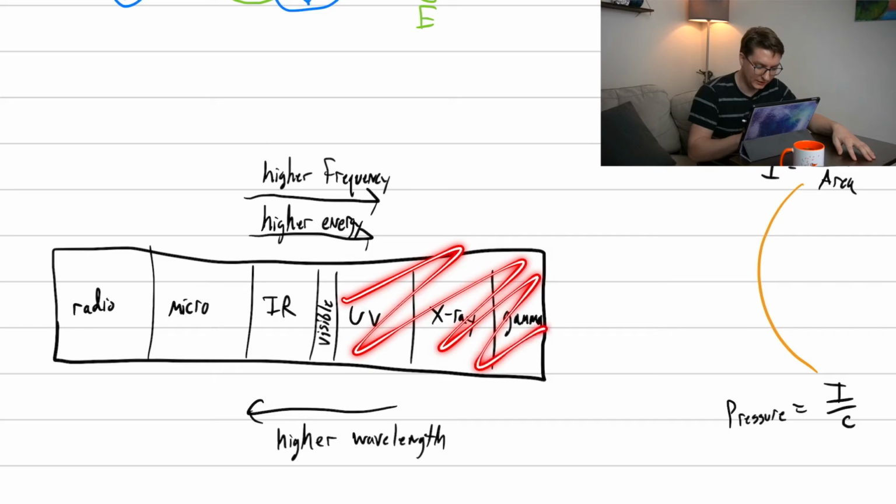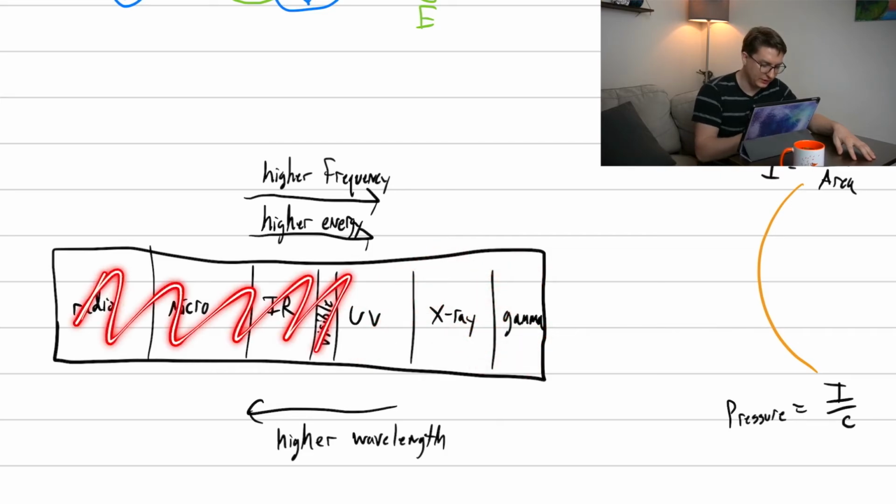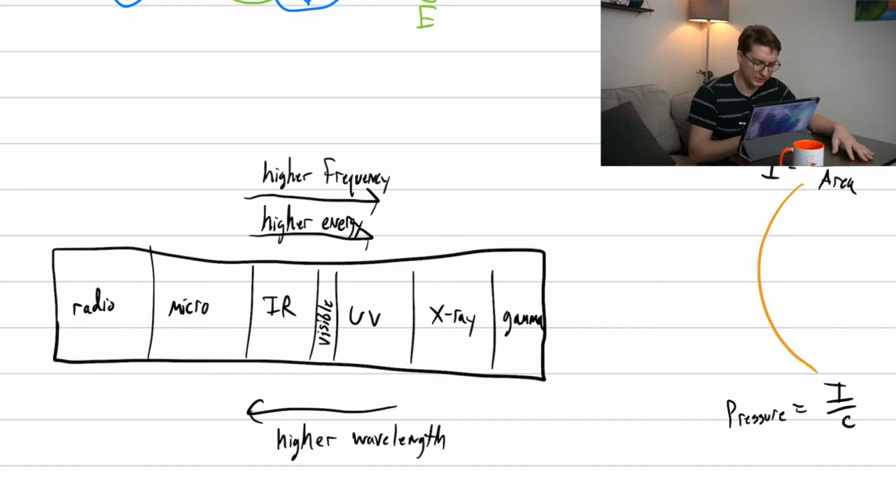And then you start getting to the higher energy lights. All this stuff down here is pretty harmless. It's very low energy, but once we get to a certain part of the UV scale, light becomes more dangerous in that it has enough energy itself to start causing skin damage. It's just an individual photon now that has the ability to cause these reactions in your body, and that's why we generally consider them dangerous.